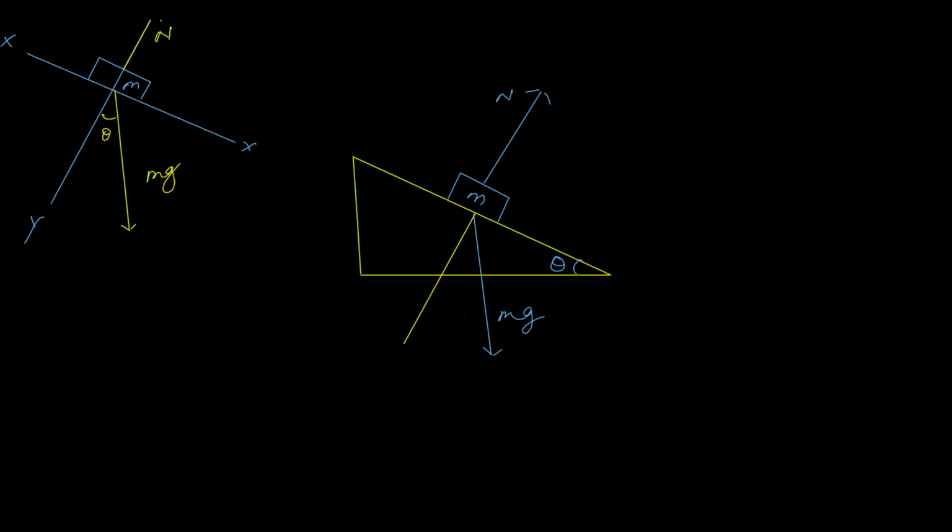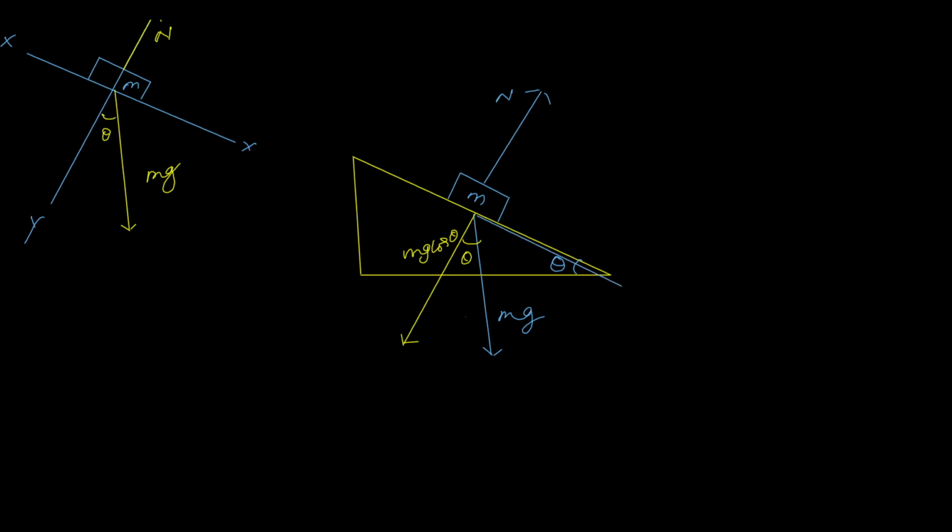So here in this direction you will have this angle to be theta, and this will be your mg cos theta. Okay, and then the next thing that you are going to have is another component, which will be perpendicular to the mg cos theta.